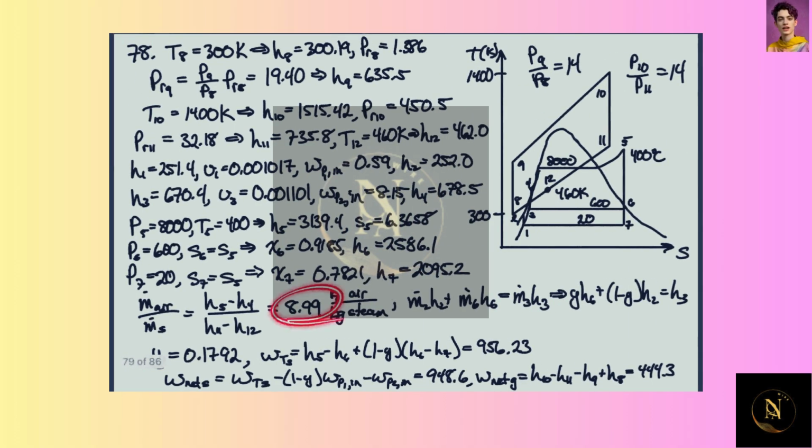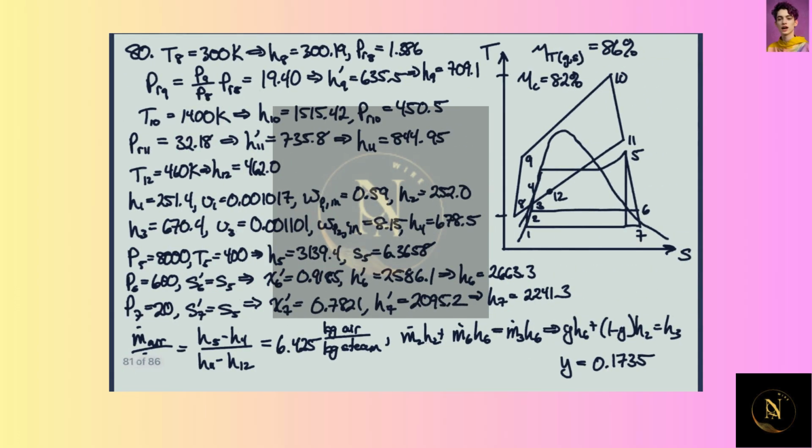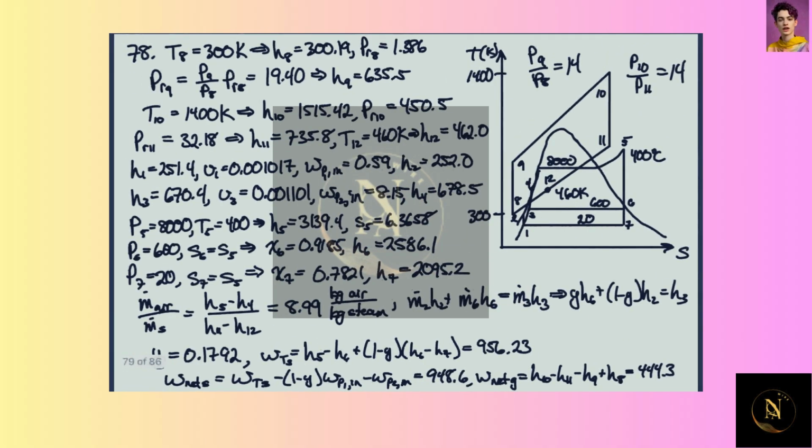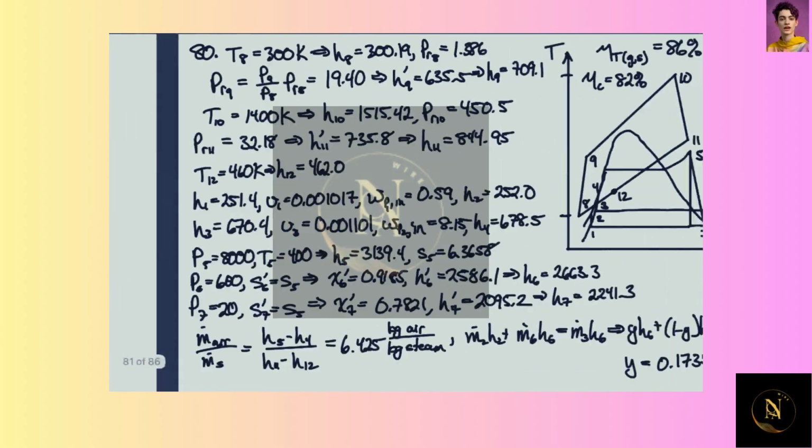Before it was up at 9, so we've changed things quite a bit. Same thing here on the feed water heater energy balance. And so now we're bleeding off about 17.35% of the steam from the turbine, as opposed to, where was this before? 17.92. So a little less.